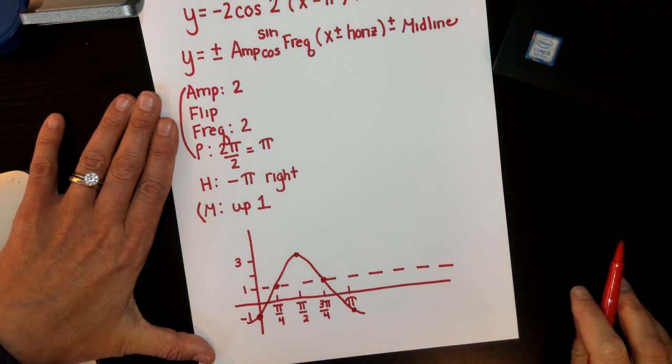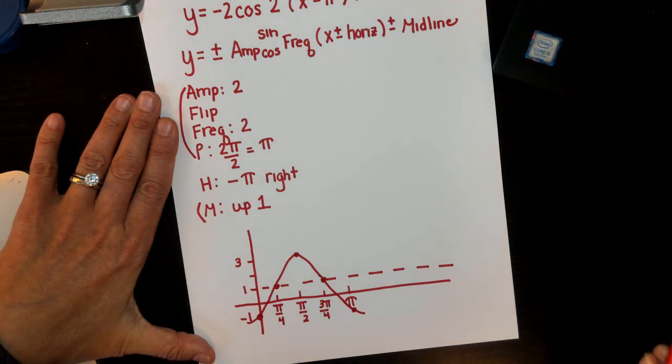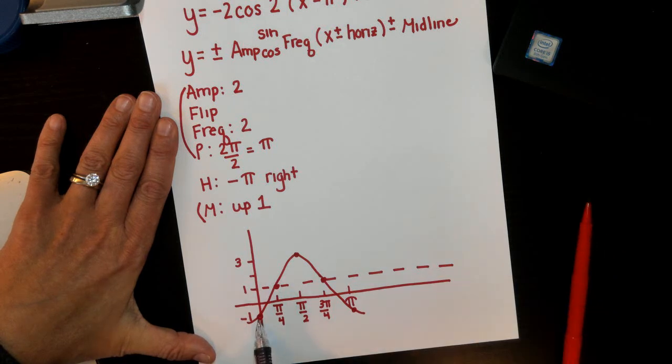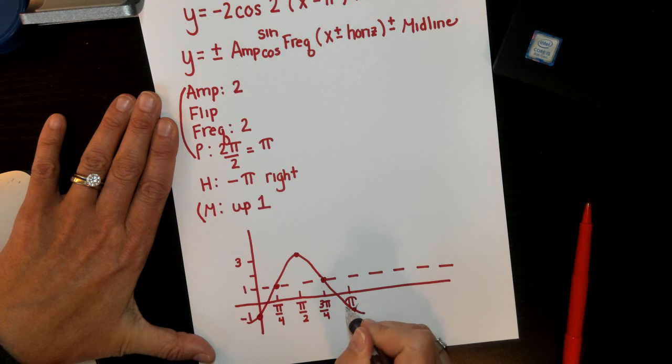Alright, so now I need to shift every point over pi units. So if I start with this point at the bottom, pi units is 4 of our intervals. So that is my new point here.